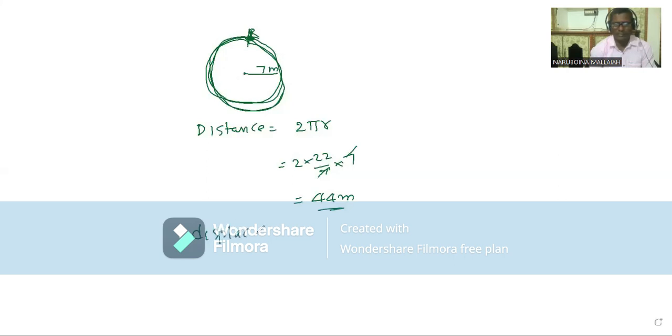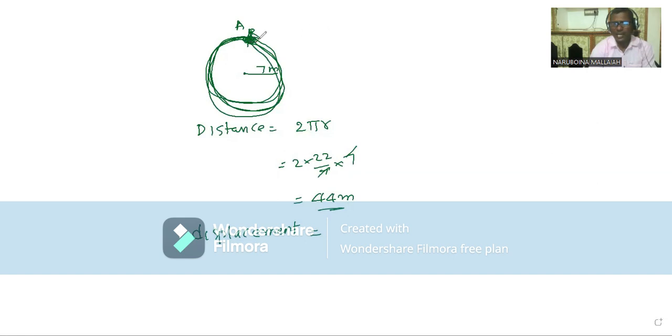I want displacement. For this question, what do I want? Displacement. I told you, it is the shortest distance between the final and initial position, the final position minus the initial position. Initially the boy is at point A. After some time, he again reaches the same position.